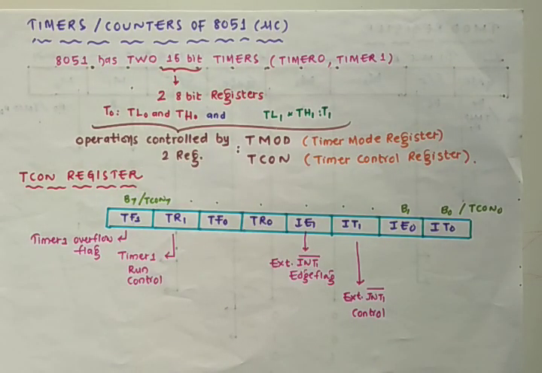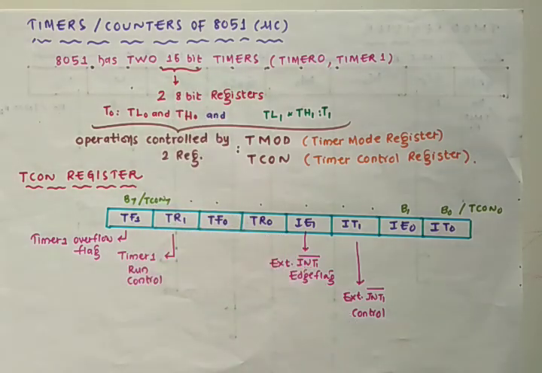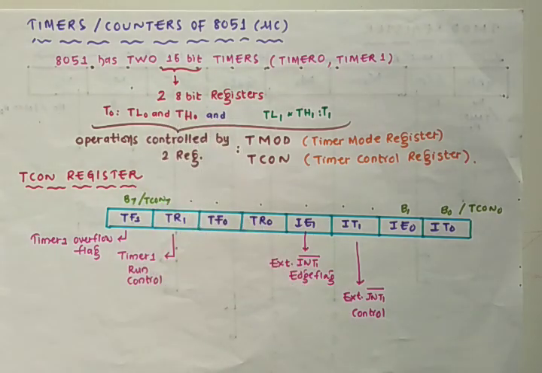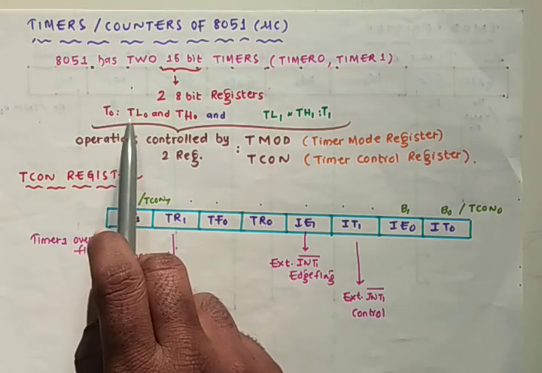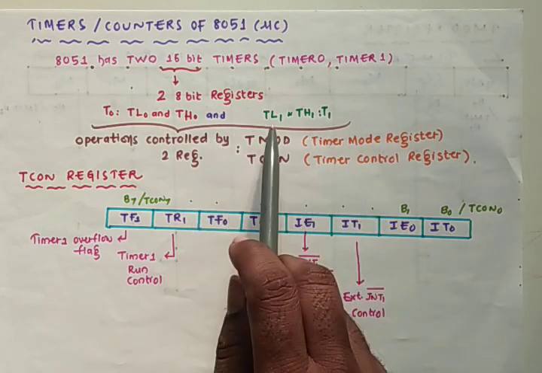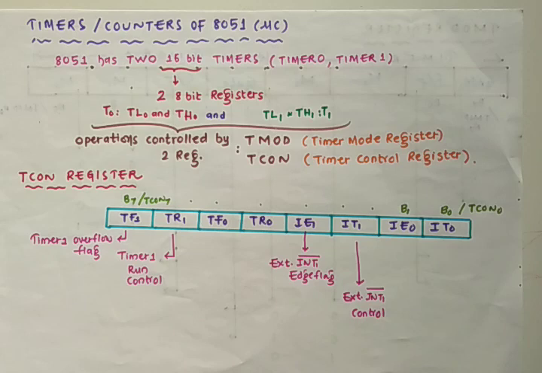So you should understand clearly that the 8051 has two 16-bit timers, each with two 8-bit registers. If it is timer 0, that is TL0 and TH0. And if it is timer 1, that is TL1 and TH1.